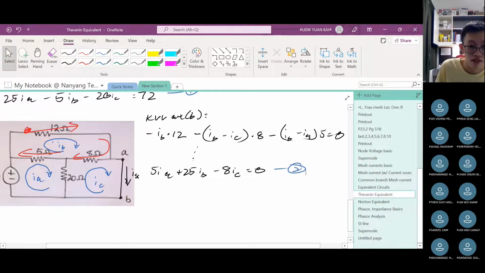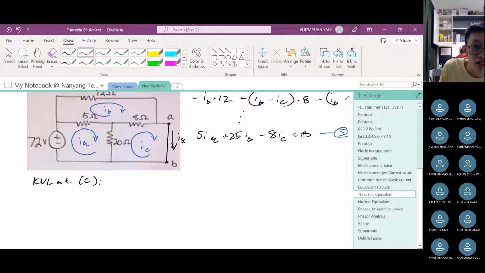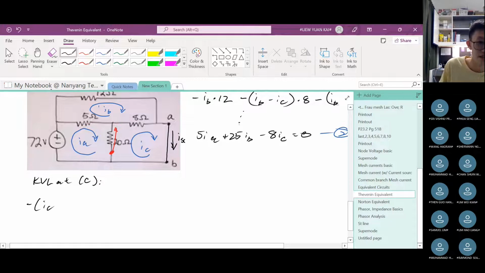Now, let's go solve mesh C. KVL at C. So let's start from here. When we go to here, this is IC minus IA times 20.